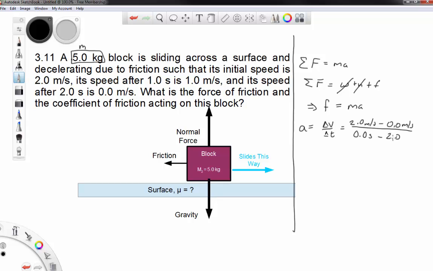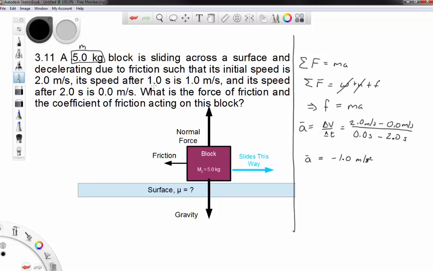And our final time was 2.0 seconds. So this is going to give us an average acceleration of negative 1.0 meters per second squared.